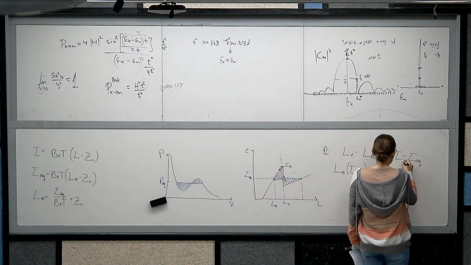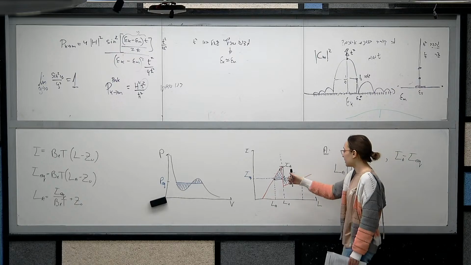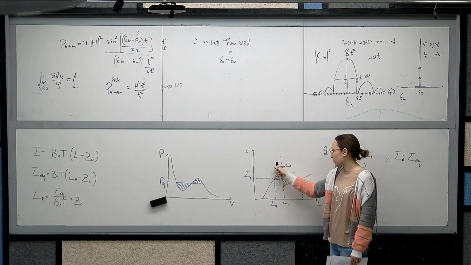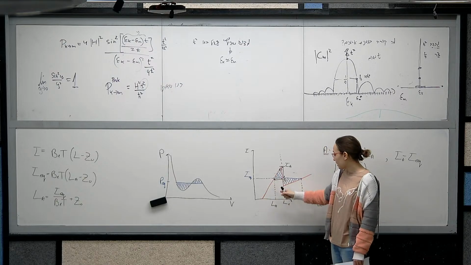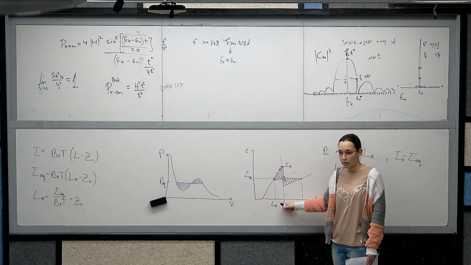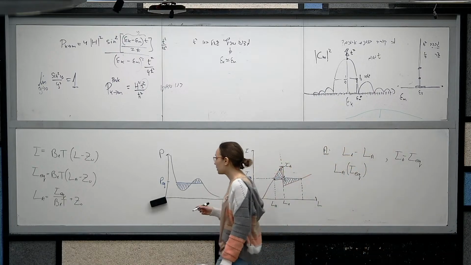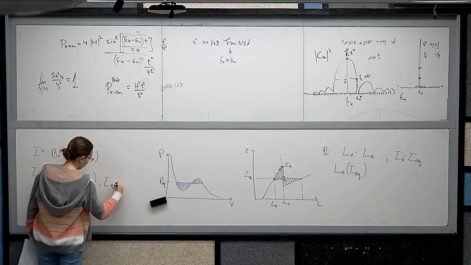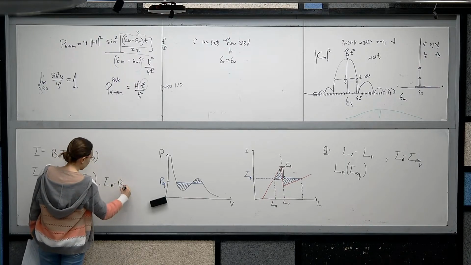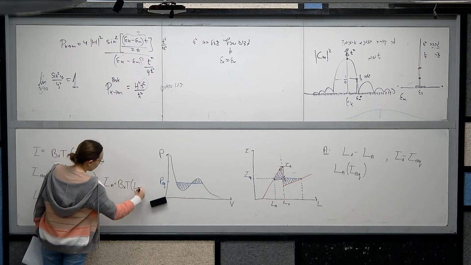Okay, now we want to find this tau A, this value where the equation of phase A reaches the L1 value. Okay, so this tau A equals B1T in the value of L1.